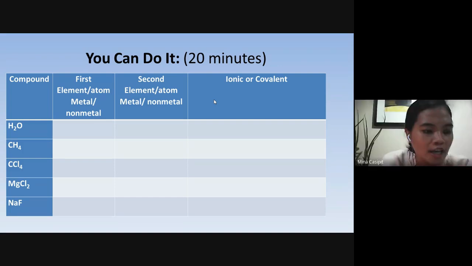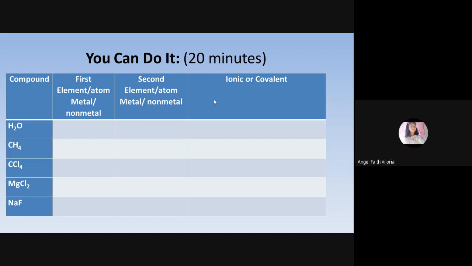Okay, sige. Try to answer the number 3 compound. CCl4. Yes. Okay, go ahead. Ma'am, first element non-metal, second element non-metal equals covalent po.